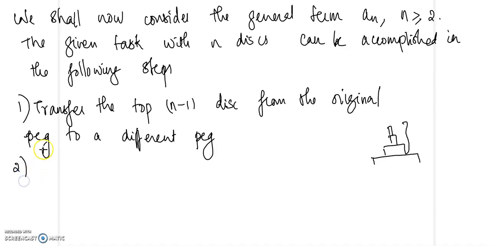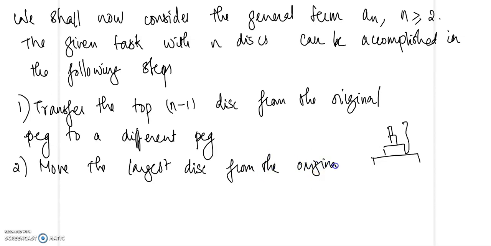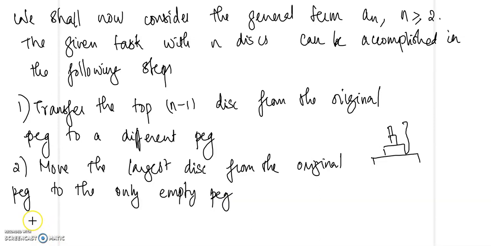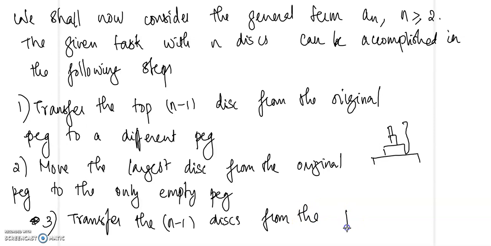So the second step is to move the largest disk from the original peg to the only empty peg, and the third step is to transfer the n-1 disks from the peg accomplished in step 1.